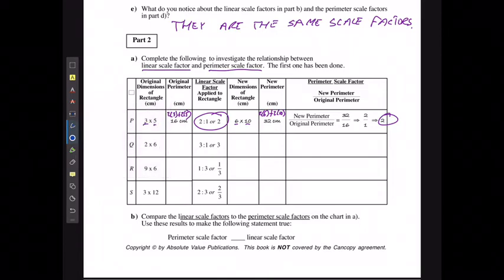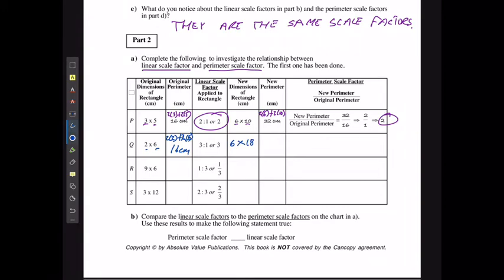Let's try the second one. If I had 2 times 2 plus 2 times 6, then it's going to give me 16 centimeters. When I triple each of these dimensions, or have a scale factor of 3, I'm going to multiply both dimensions by 3, and I get 6 by 18.